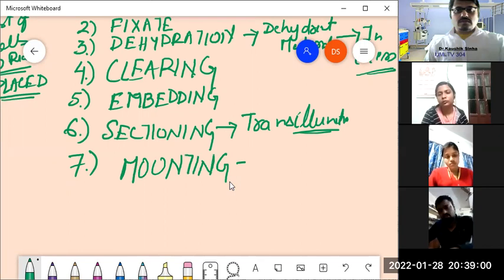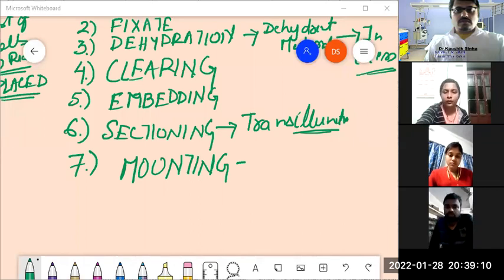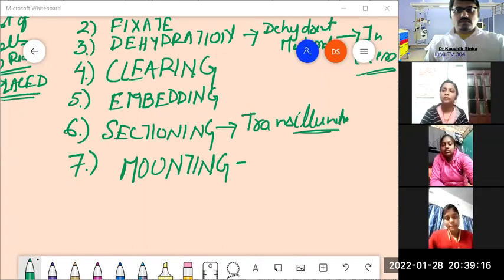See, after sectioning, the size of the tissue is now what? Reduced or increased? Reduced. So don't you find it a bit uneasy and uncomfortable to handle a very small thing as the size is reduced?